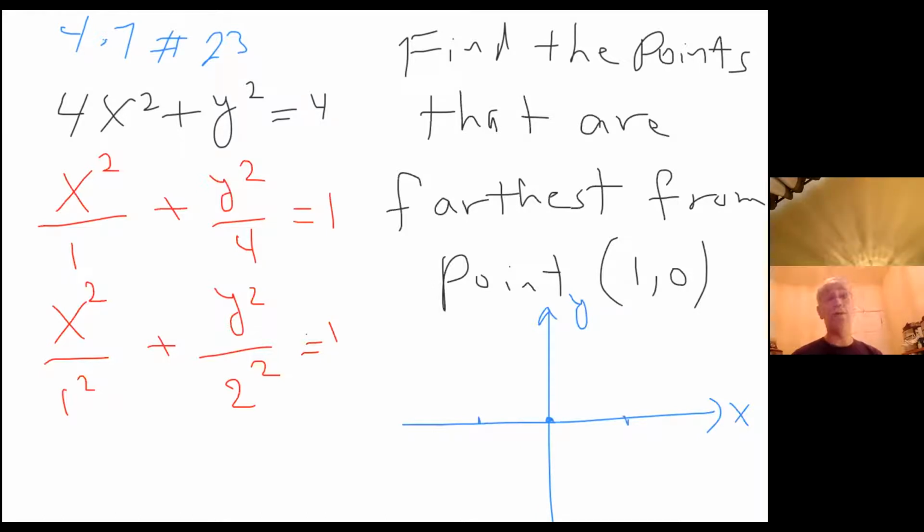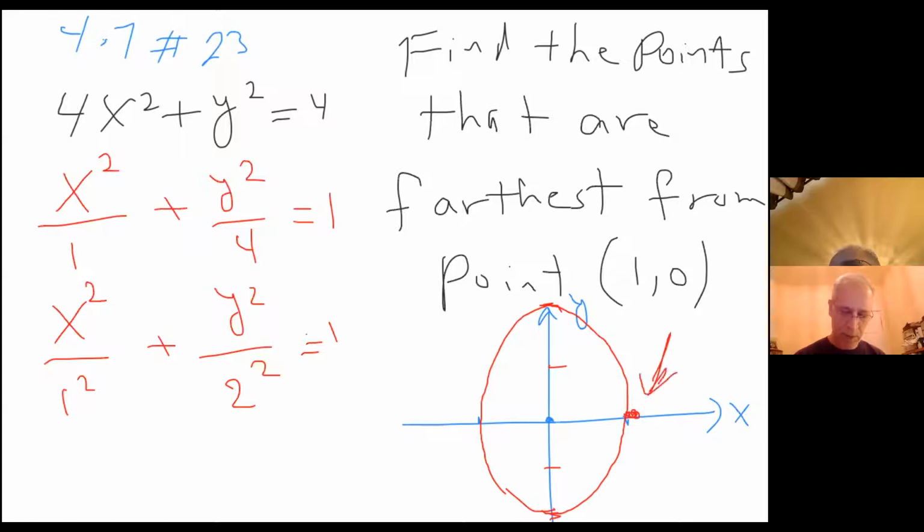Y is over 2 squared, so 2 units up and 2 units down. Once again, from Math 142, here is the ellipse. And the point they are talking about is located right here, (1, 0).